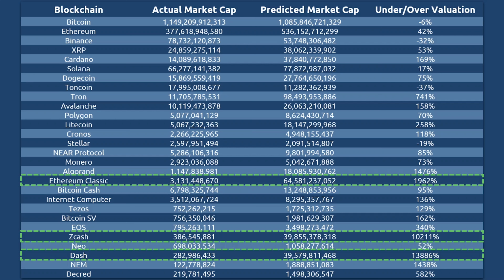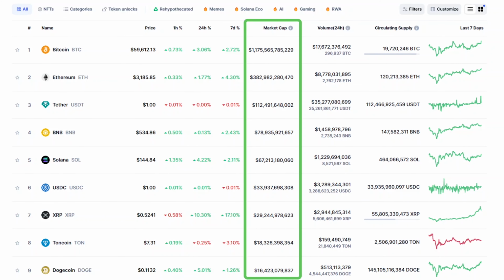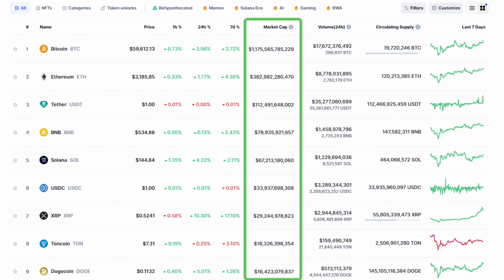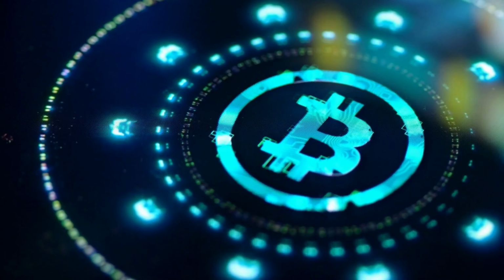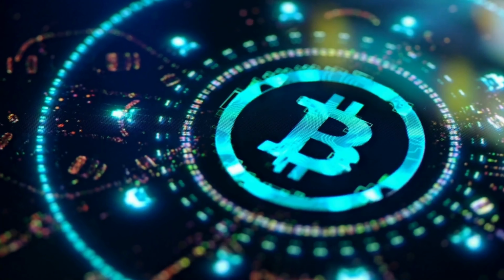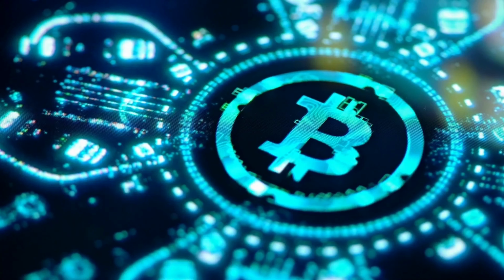Conversely, chains like Toncoin and Binance are overvalued relative to their level of decentralization and activity. Of course, the model coefficients change every single day as traders and investors respond to various market conditions. But such a model still presents a good benchmark of comparables and is useful in identifying Web3 trends.